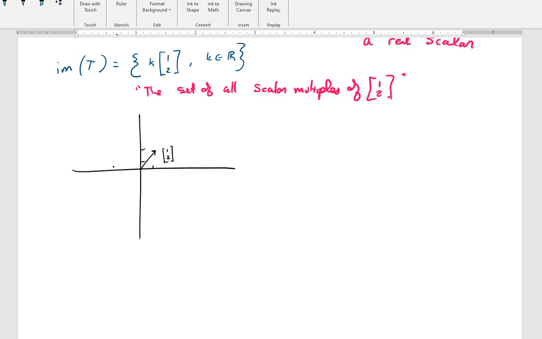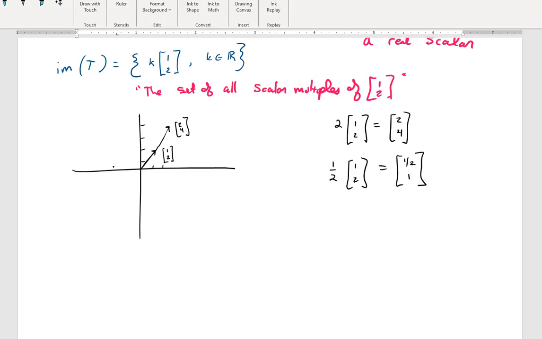Let's do a scalar multiple of it. 2 times vector 1, 2 is 2, 4. 1/2 times vector 1, 2 gives us 1/2, 1. Negative 1 times vector 1, 2 gives us negative 1, negative 2.